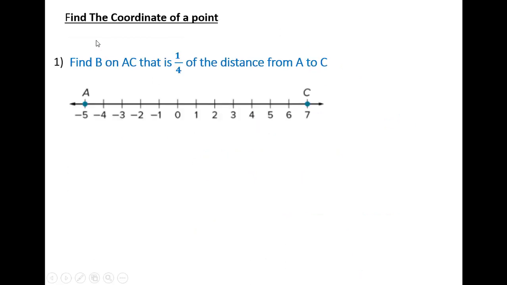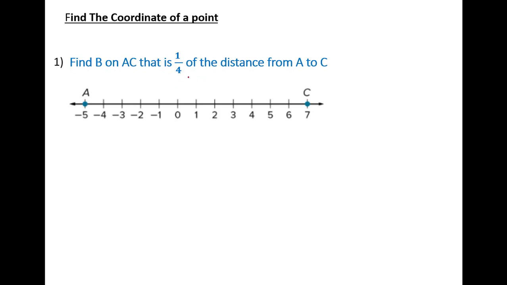Now, I'm going to find the coordinate of a point. I have two different forms of this kind of problem. My first form is find B on AC.